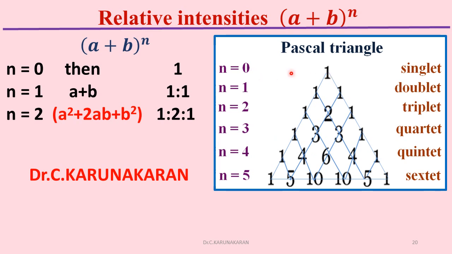For example, for n equal to 0 singlet, n equal to 1 doublet, and for n equal to 2, this is the addition of 1 plus 1, 2, and similarly 1 plus 2 gives 3, 2 plus 1 gives 3, similarly 1 plus 3, 4. This is how the Pascal triangle is obtained from the binomial expansion formula.